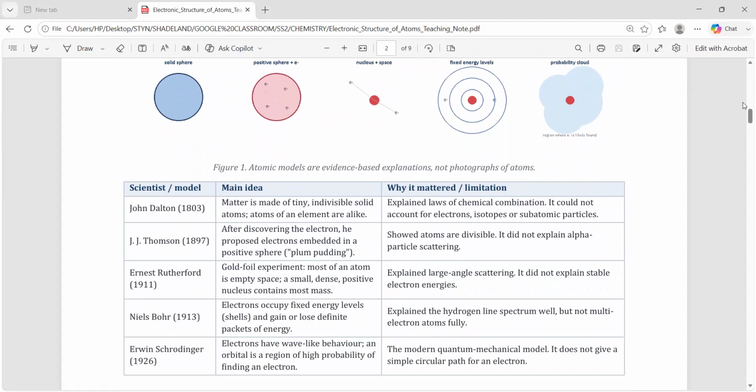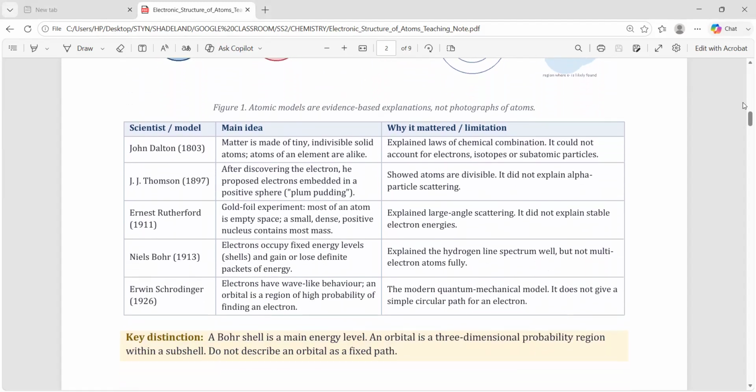Modifications of the atomic model. Now I'm going to call your names one after the other to read what you can see on the screen. Okay. Chukwubuike Mmaduagwu, unmute yourself.